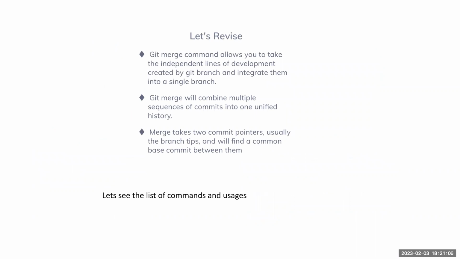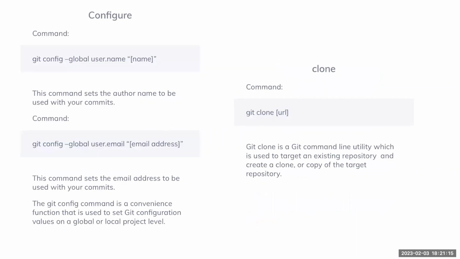So this is what we learned for git merge, and let's see all the commands and usages very quickly. We already have some commands we already used. This command sets the author name to be used when you are committing. So git config --global user.name and your name.